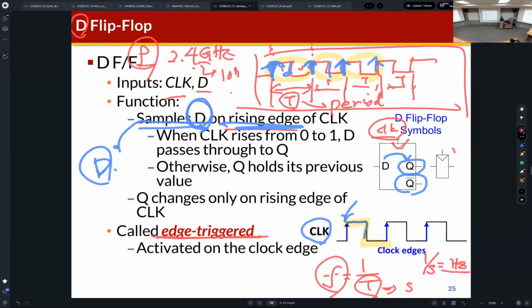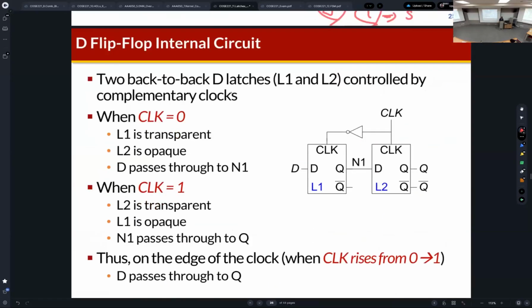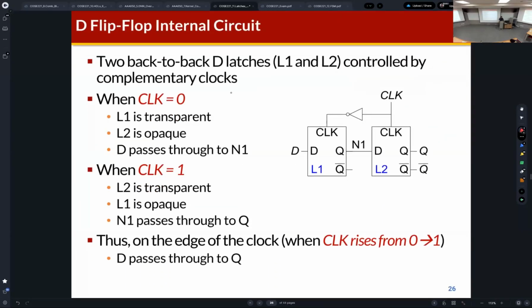I said that we frequently use D flip-flops in digital systems or digital circuits. And actually, you can implement a D flip-flop using latches.